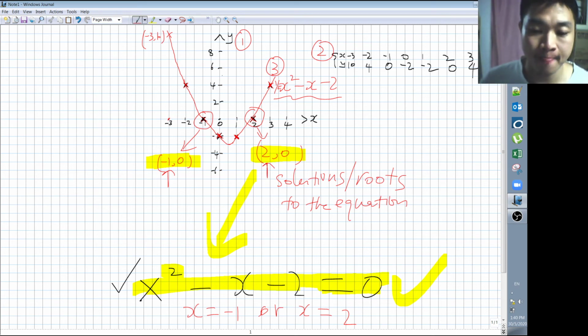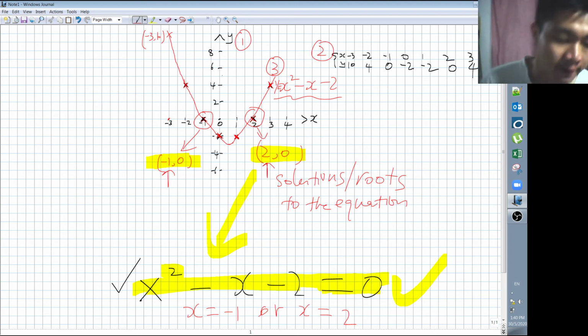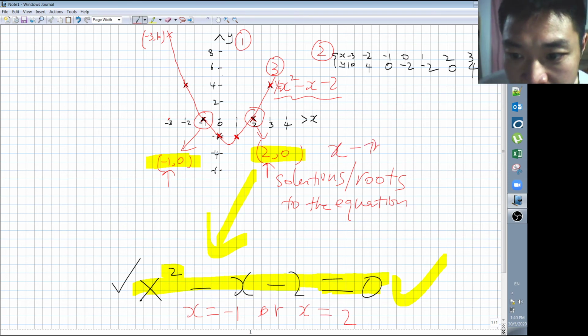I hope you can appreciate how you can make use of this graphical method, although it might not be very accurate, it should be good enough for you to figure out this quadratic equation graphically. The key is to look at the x intersection points.